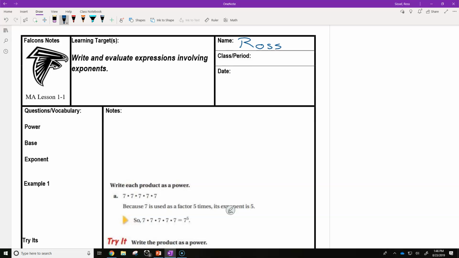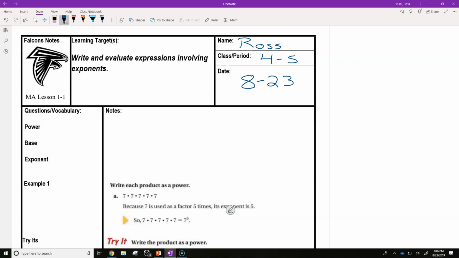So if you happen to lose them out of your Avid binder and someone finds them, we know they are yours. Class period, we were just going to say 4S, 4th block for a silver day. And the date is 8/23. Can we put our team on here? Sure, but it says Falcon on the top left.